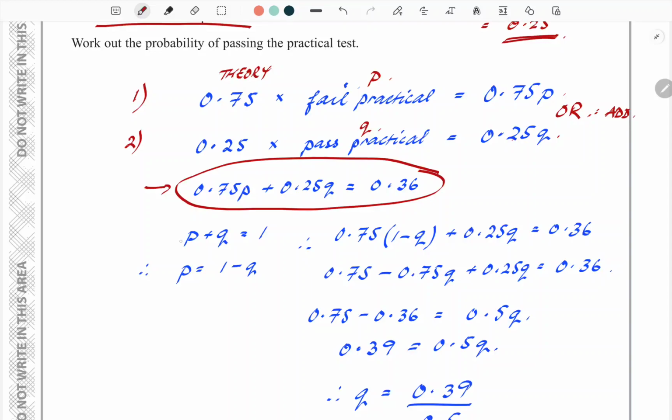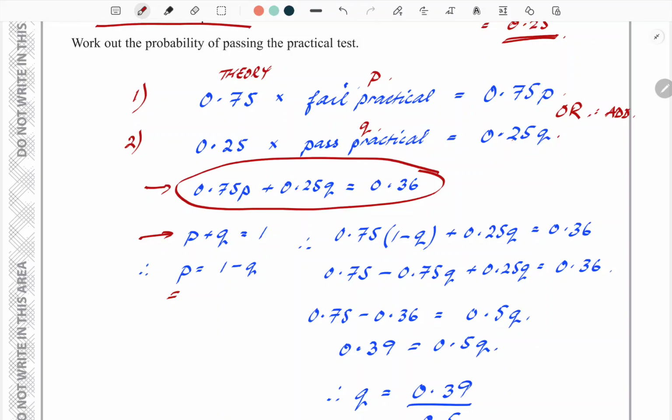The next bit is, remember that failing the practical and passing the practical, the two probabilities must add up to 1. So therefore, P is 1 minus Q. In other words, failing the practical must be 1 minus passing it.